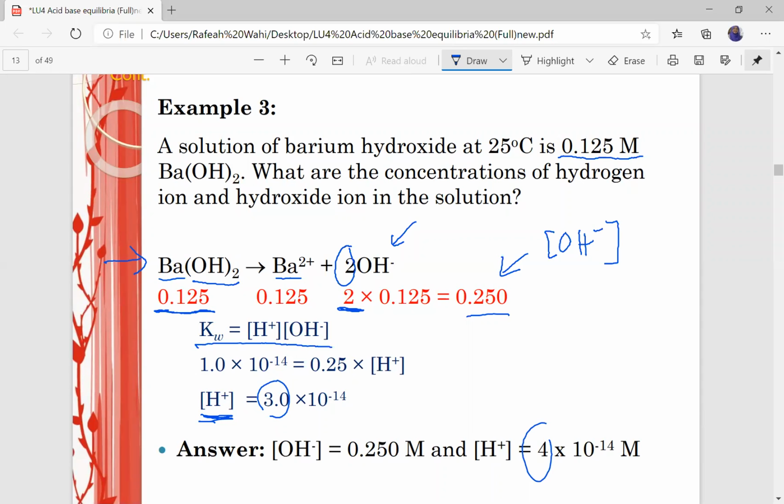Let me calculate. So this is not the right answer. This is 4. Should be 4. Okay. 4 times 10 to the power negative 14. This is the correct answer. Okay.